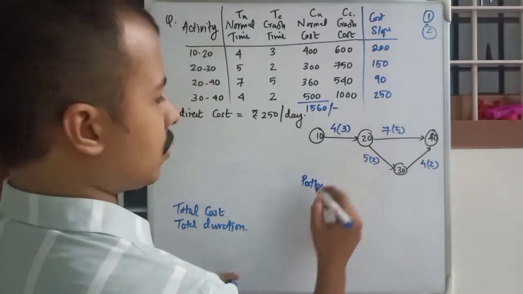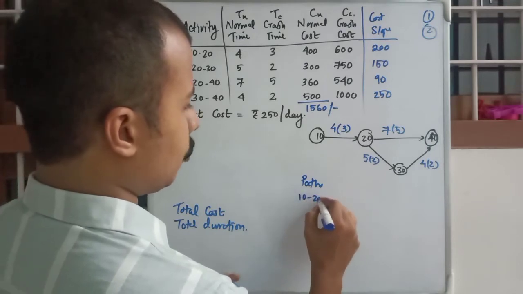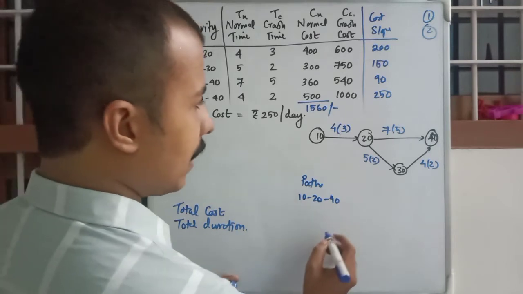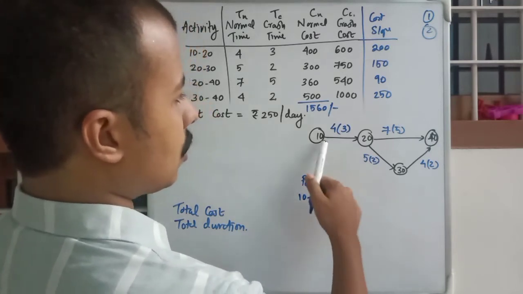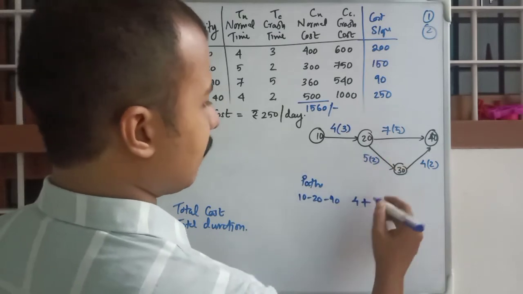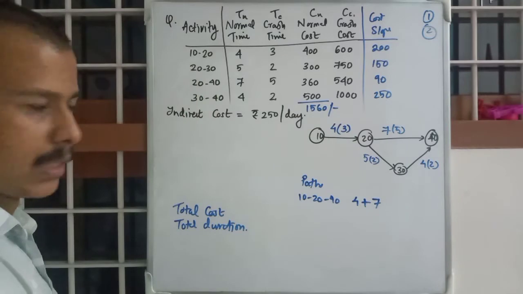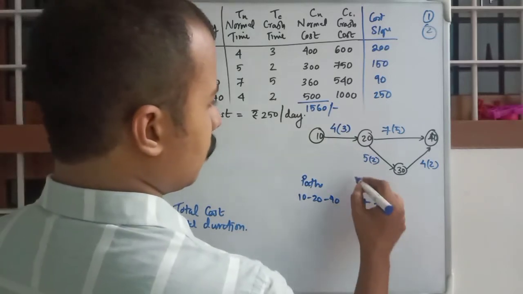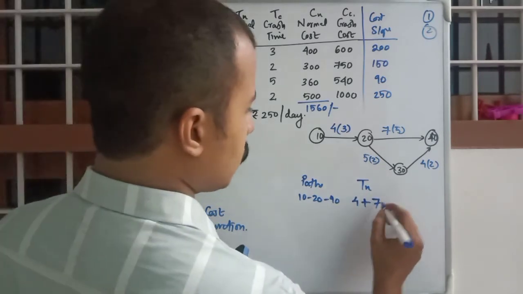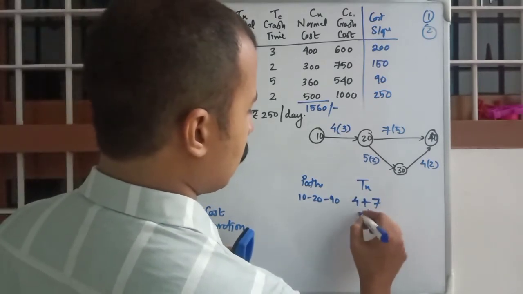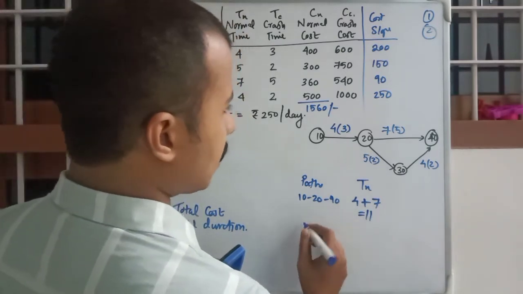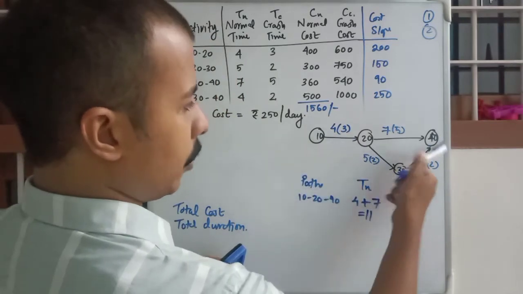We can take two paths. 10, 20, 40 is one path, which is 4, 7, the normal duration. So normal duration Tn is 11. And there is another path, 10, 20, 30, 40.